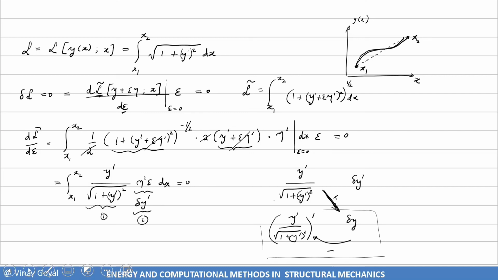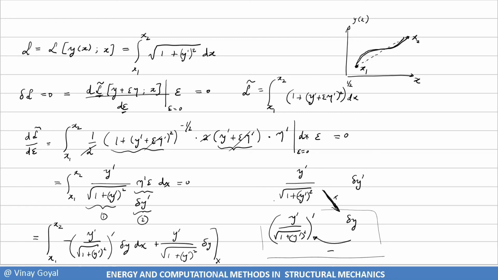So then I get the integral from x1 to x2 of minus the derivative of y prime over the square root of 1 plus y prime squared, times del y dx, plus the boundary term, y prime over the square root of 1 plus y prime squared times del y, evaluated from x1 to x2, equals 0.